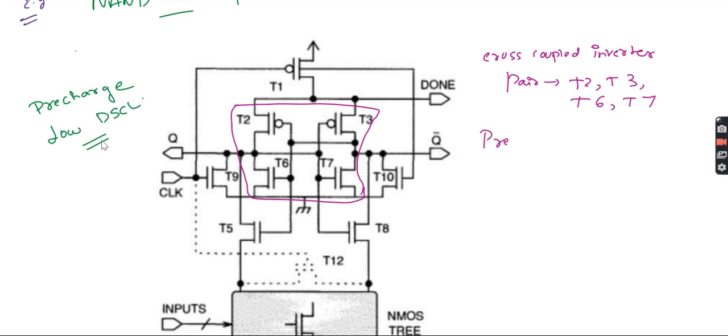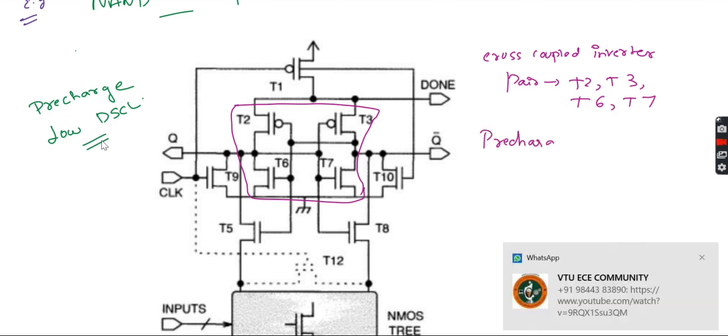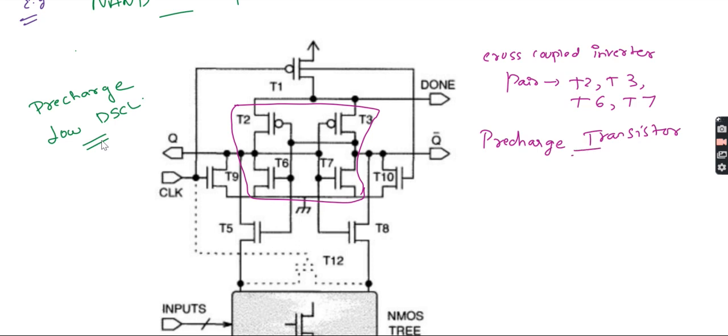Which is the pre-charge transistor here? T1 is the pre-charge transistor. Then which is the evaluation transistor?